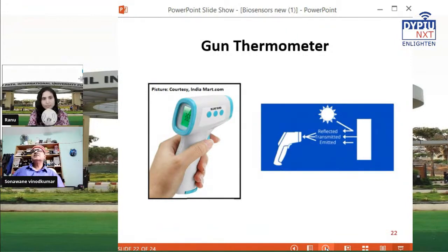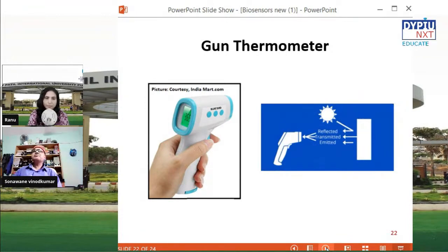So this is the best example of a ready-made gadget, the gun thermometer, where they make use of a thermopile as a sensor, which receives the reflected light from the forehead of any human being, and the temperature is displayed on the screen. We know the normal human temperature is 35 or 36 degrees, basically 35.7, right?